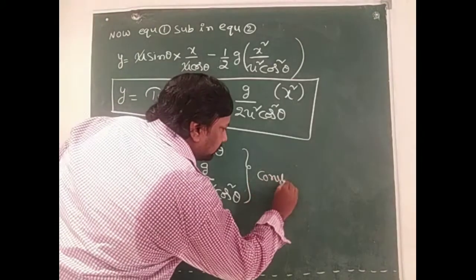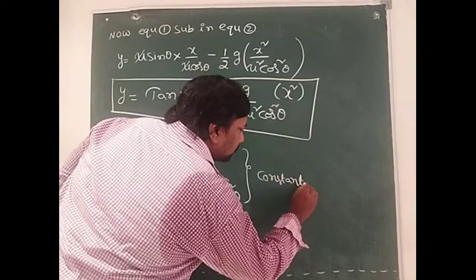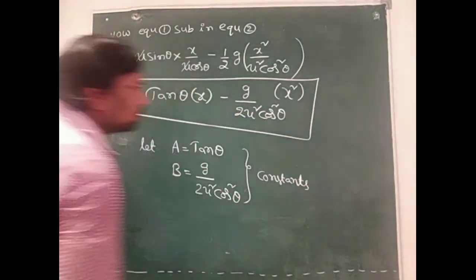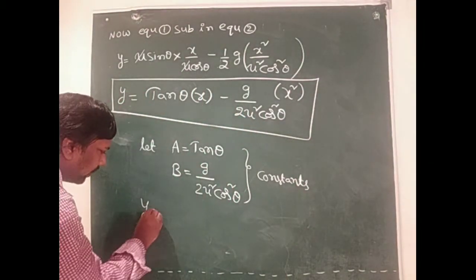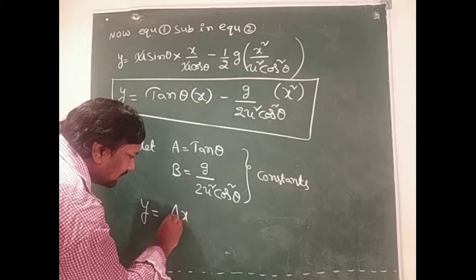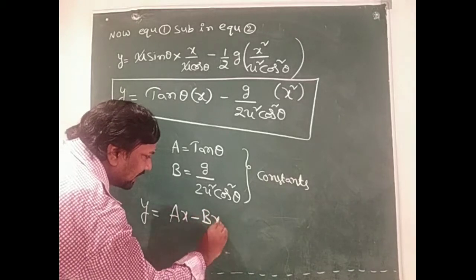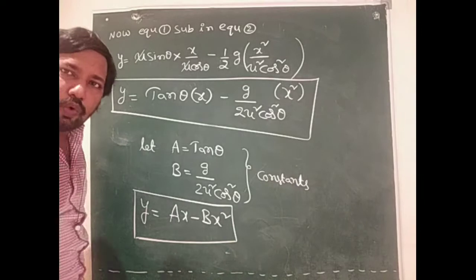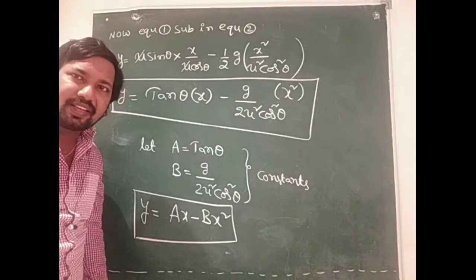Therefore, the given equation can be written as y equal to ax minus bx square.